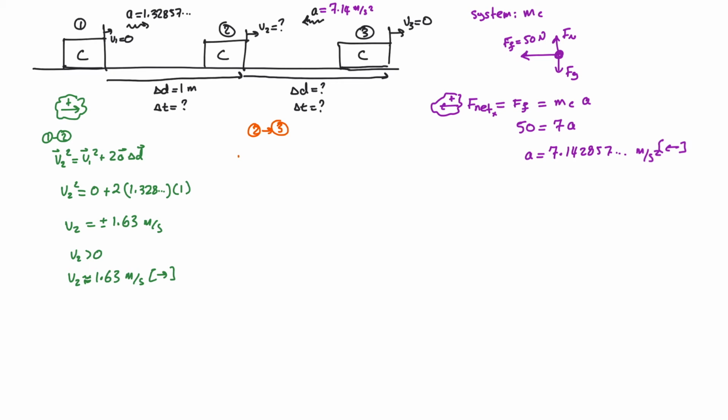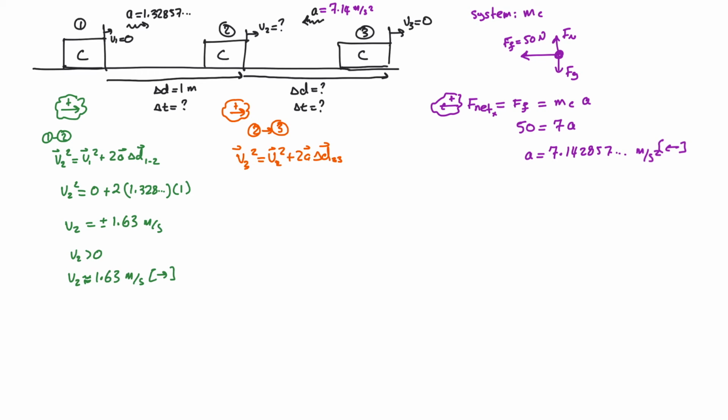I will take right to be positive again. So v2 squared is equal to v1 squared plus 2a delta d, and this time I'm trying to find delta d. Oh sorry, this is v3 and this is v2, and my displacement here is the displacement from 2 to 3, so I will label that as well. And this one over here was displacement 1 to 2.